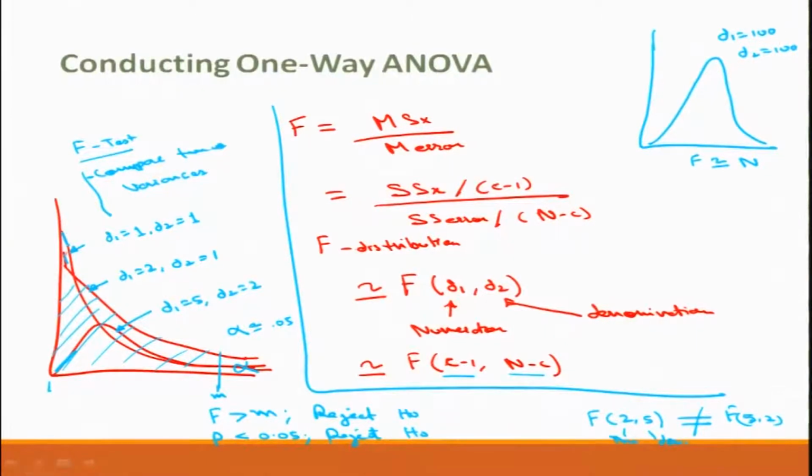So if this null hypothesis of equal category means is not rejected, then the independent variable does not have a significant effect on the dependent variable. If it is rejected, that means the independent variable may have an effect on the dependent variable.